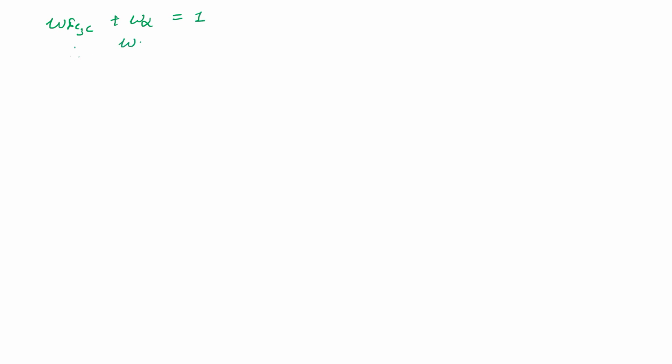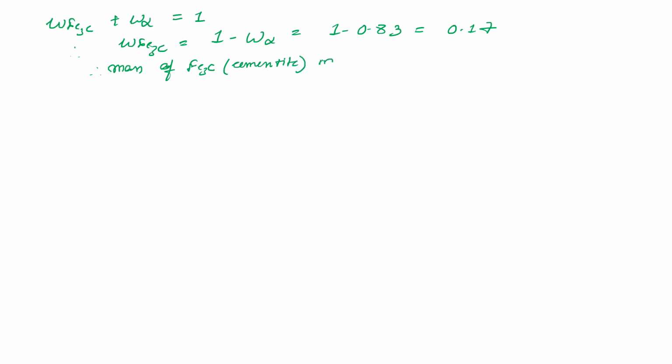Therefore W Fe3C is equal to 1 minus W alpha, which is 1 minus 0.83, that is 0.17. Therefore the mass of cementite in the alloy is 0.17 fraction of 1 kg, that is 0.17 kilograms. So this is the answer for part B.